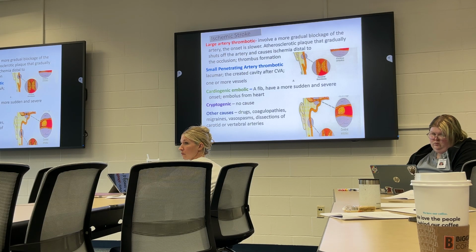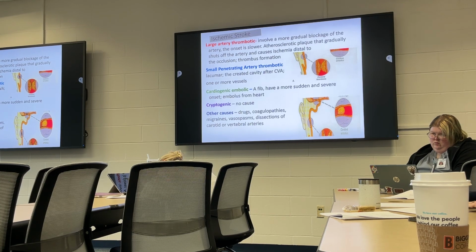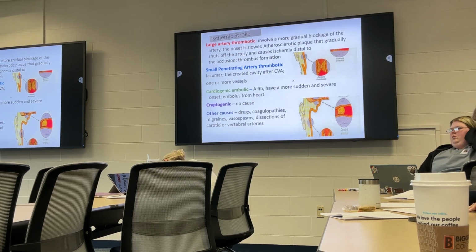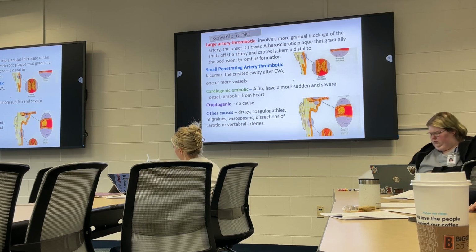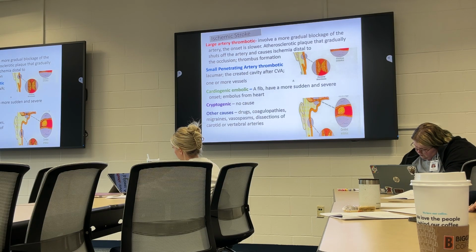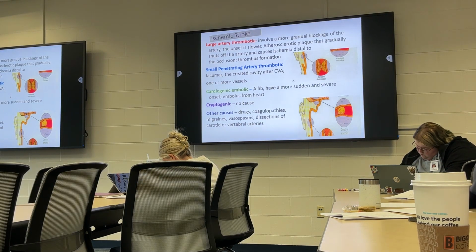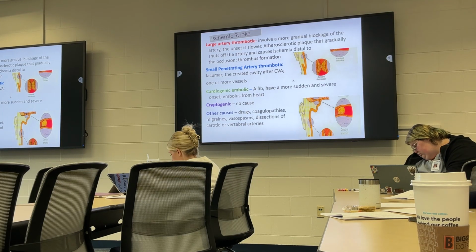I would know which one gradually appears and which one doesn't. Embolic would be a sudden onset of symptoms, so with the thrombotic or plaque, you're looking at gradual symptoms.